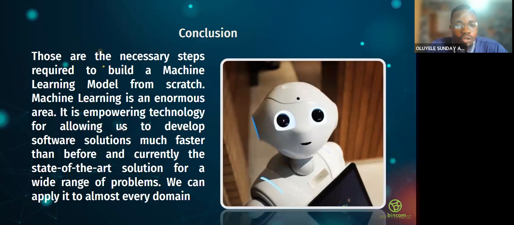So in conclusion, we can see that machine learning is an enormous area. It is an empowering technology for allowing us to develop software solutions much faster than before, and currently it is the state-of-the-art solution for a wide range of problems. We can apply it to almost every domain.